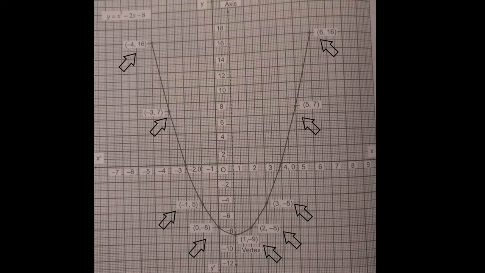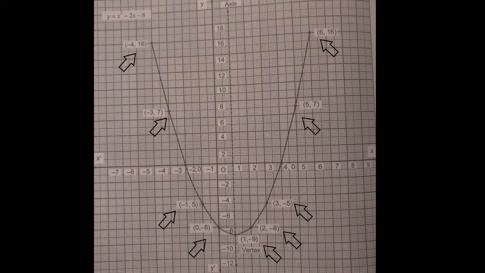Now, if you look at the figure closely, you'll see the bottom point 1 and -9. That point of the parabola is called a vertex. So what is a vertex? So vertex is a point on the parabola from which, if we pass a vertical line, as it is shown in the figure, a dashed vertical line is passing through that point 1 and -9.